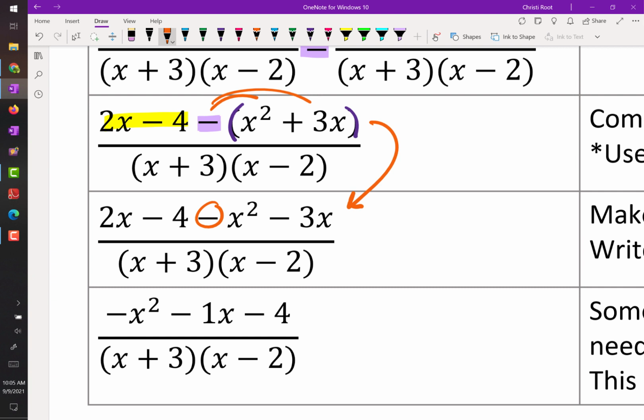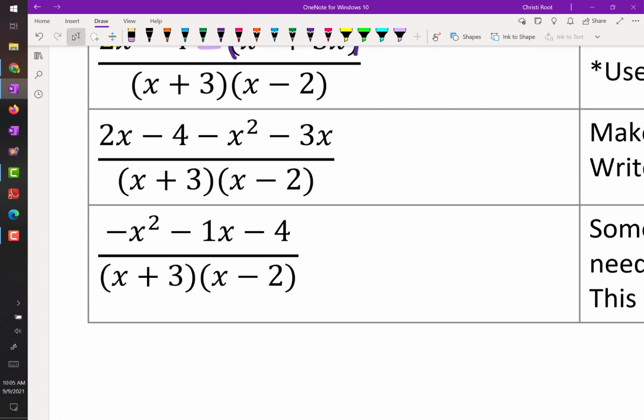So if you have more than one term in the second fraction, make sure you subtract each term. Could it be possible that you subtract a negative term? Absolutely. So if you subtract a negative term, that's going to change into plus a positive. So be really careful. That's kind of like the number one little bitty mistake people look over.